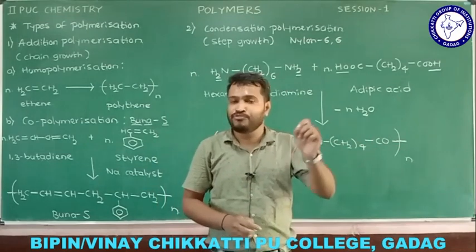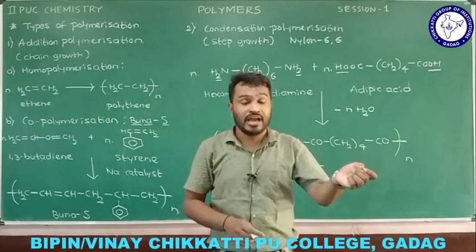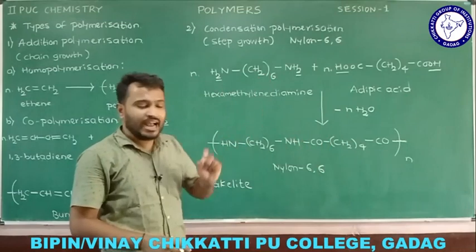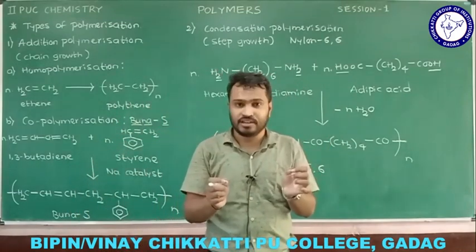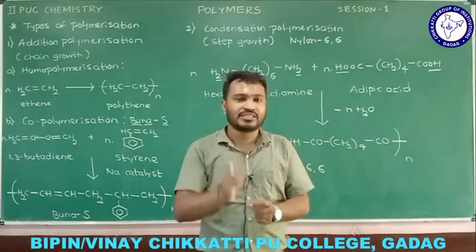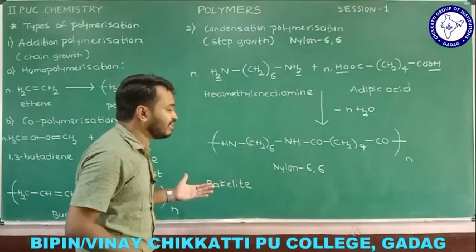Bakelite is an example of a cross-linked polymer, or network polymer. Bakelite is an example of condensation polymerization, and bakelite is an example of thermosetting polymers. So you need to remember the types of classification, and the examples are very important, and you are going to get such kinds of questions in the competitive examination.